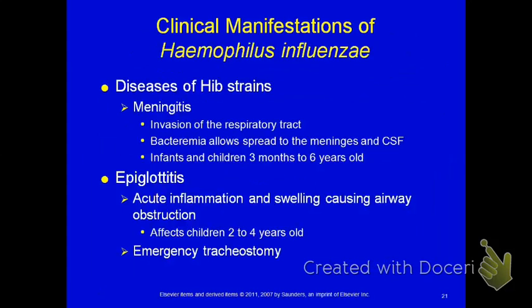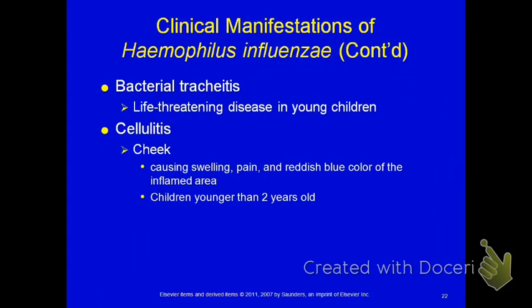There will be swelling and eventually obstruction of the respiratory passageway, which could affect children from 2 to 4 years of age. If there is already severe inflammation, then an emergency tracheostomy could be very helpful to relieve the condition of the patient.